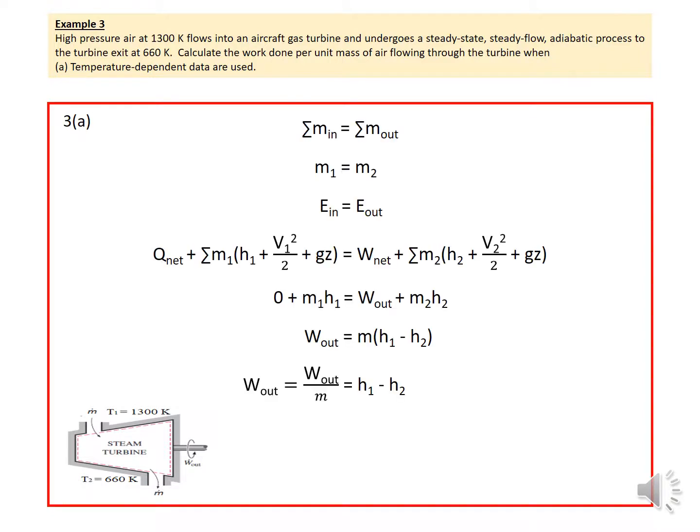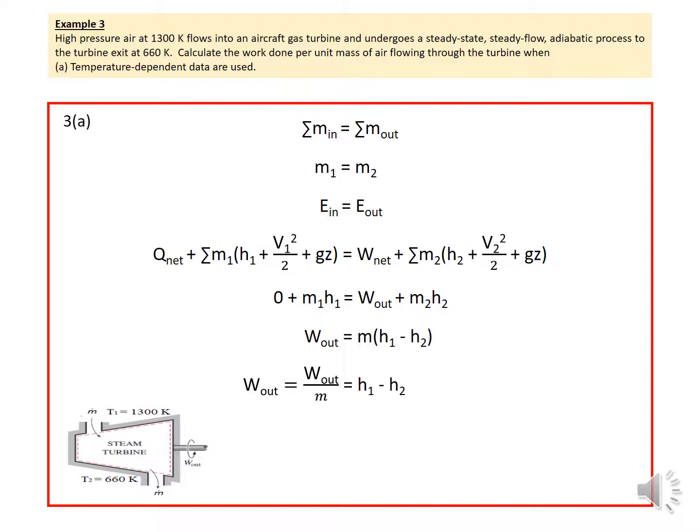For 3A, we apply the conservation of mass, summation of M in equals summation of M out, M1 equals M2. E in equals E out: Q net plus summation of M1 (H1 plus V1 squared over 2 plus GZ) equals W net plus summation of M2 (H2 plus V2 squared over 2 plus GZ). 0 plus M1 H1 equals W out plus M2 H2.